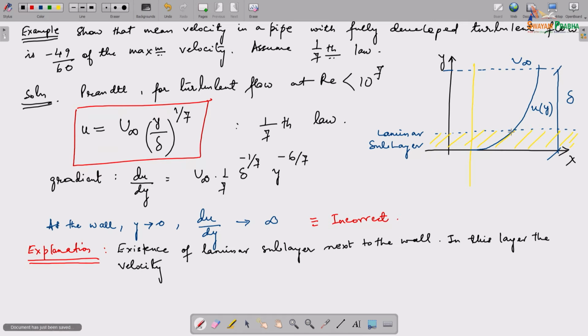So essentially the slope is quite sharp, high.